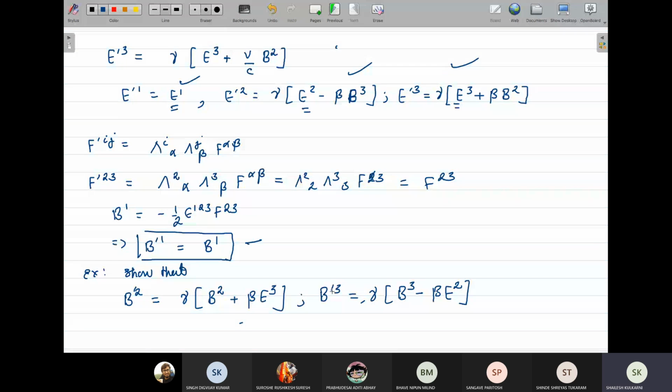So in general, when you take into account special relativistic effects, there is no separate existence for electric and magnetic. Is this fact clear? When you say electrostatic, this is a wrong statement. It is not a Lorentz covariant statement.